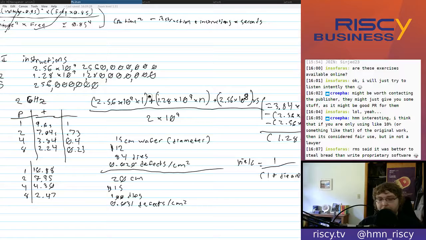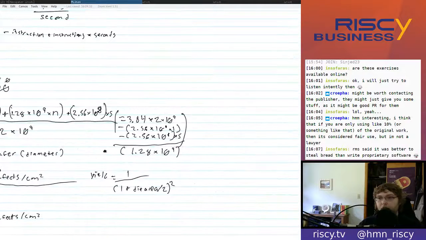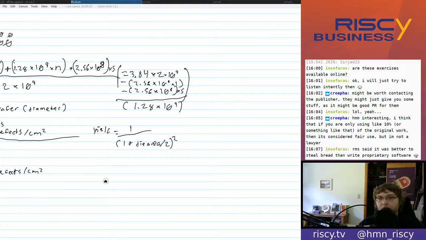I thought I was missing something. Defects, what is it, per area?